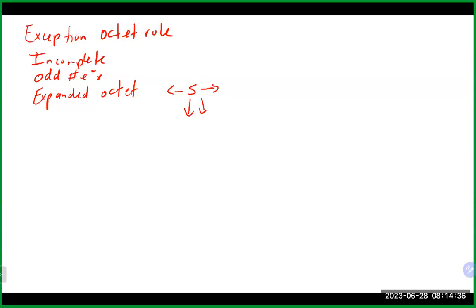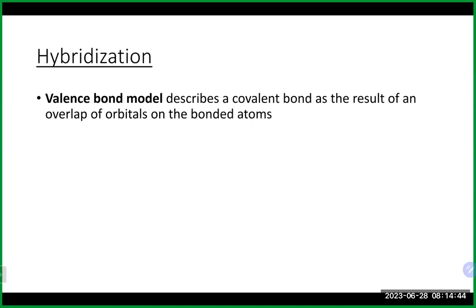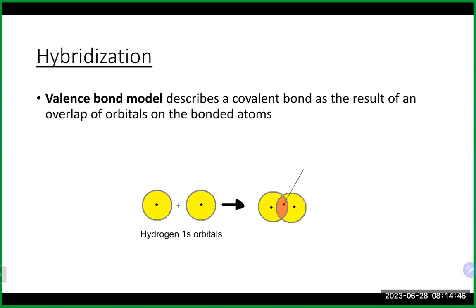Okay, so we're going to talk about another type of bonding theory next, which is what is known as hybridization. Hybridization is an idea of bonding, and there are a few different theories of bonding: valence theory, Lewis theory, hybridization, molecular orbital theory.